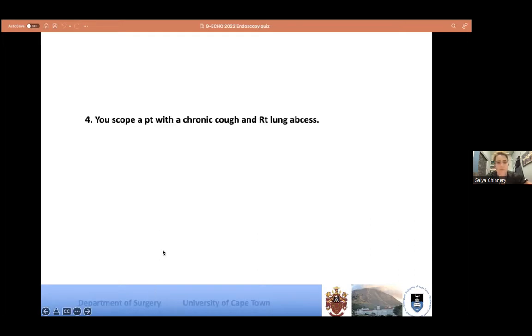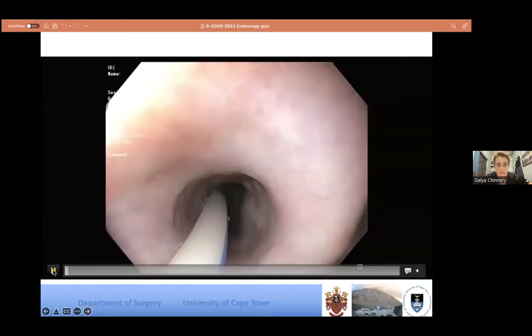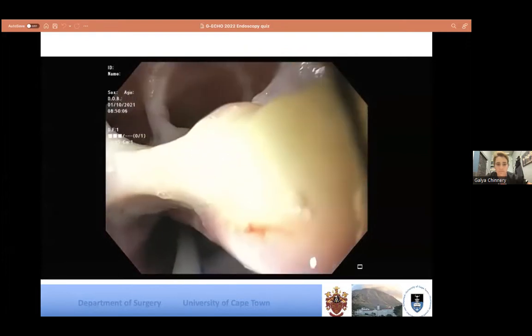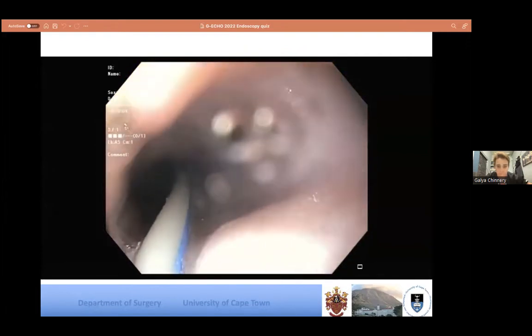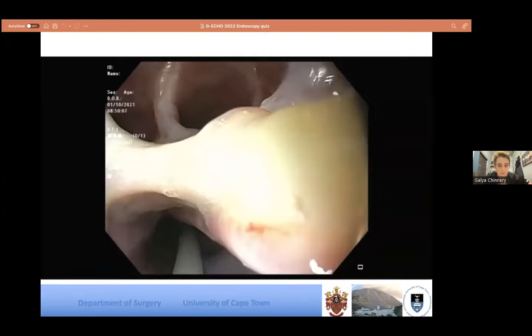So next one is a patient that's on your routine list, and you are scoping this patient for a chronic cough and a right lung abscess. I'm going to show you the endoscopy little video. Okay, so that's the most important view.